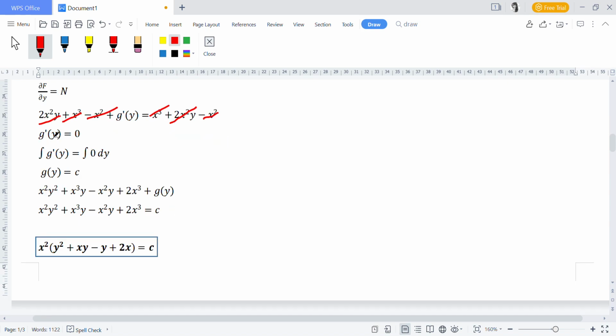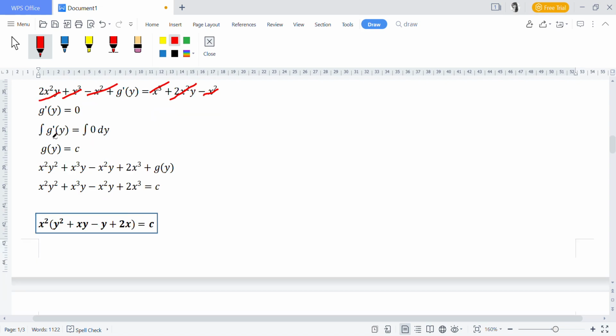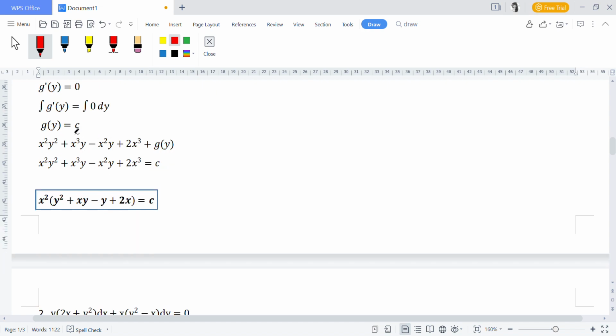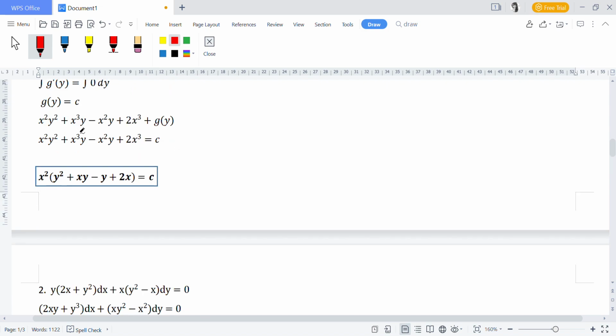All that remains is that g prime of y is equal to 0. So, to simply get the g of y, we're going to integrate both sides by dy. So, the integral of g prime of y is equal to the integral of 0 dy. So, our g of y is simply 0 plus c, or is just c.